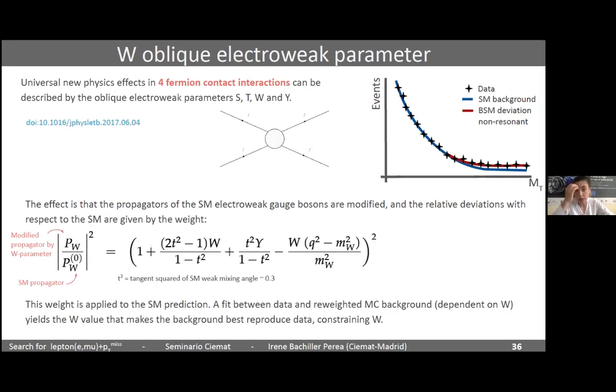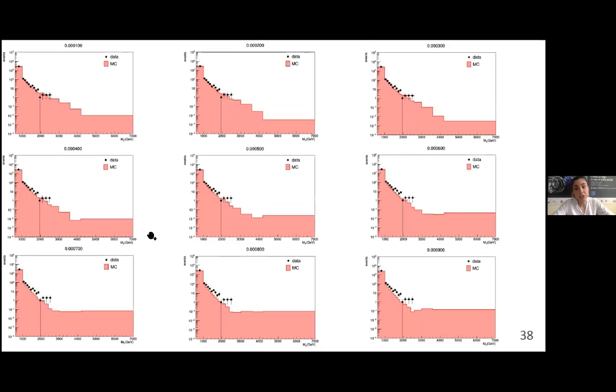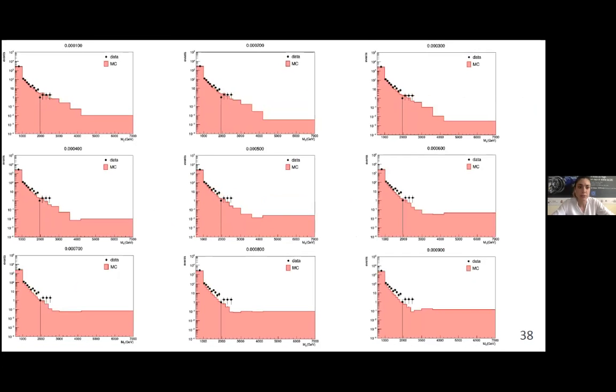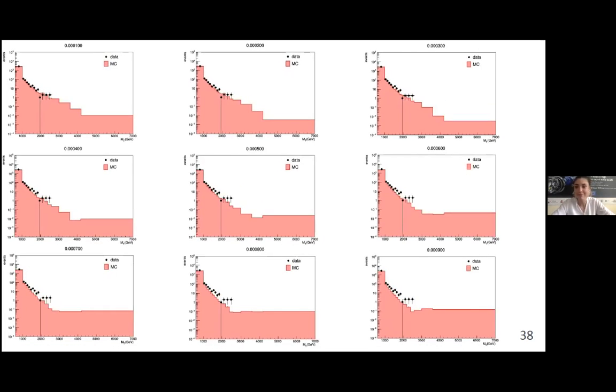This is used at generation level of the Monte Carlo prediction, shown in red, and it changes the shape, especially in the tail of this distribution. The two slides are just a continuum of parameters, starting from negative values and then continuing here, just to see the sensitivity in that tail. Okay, thanks, I understand.